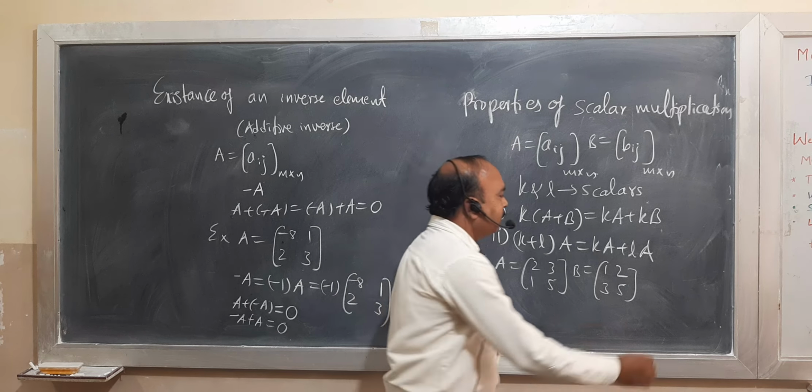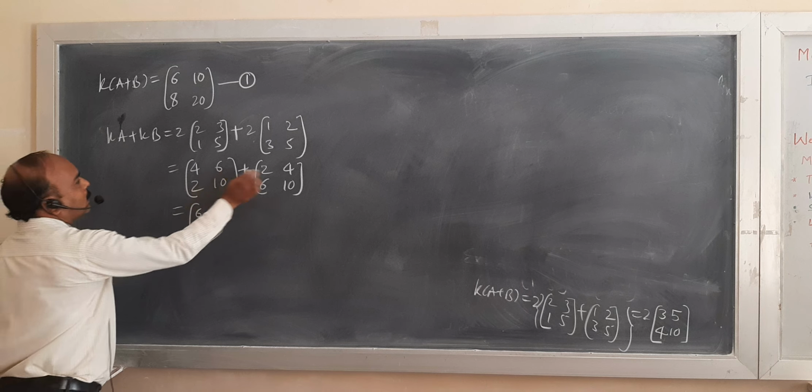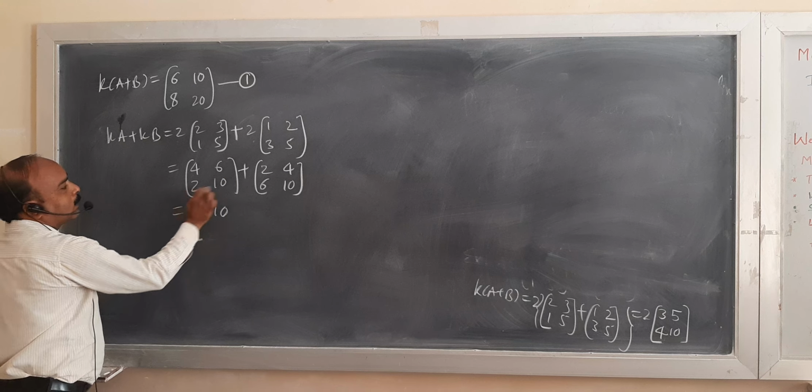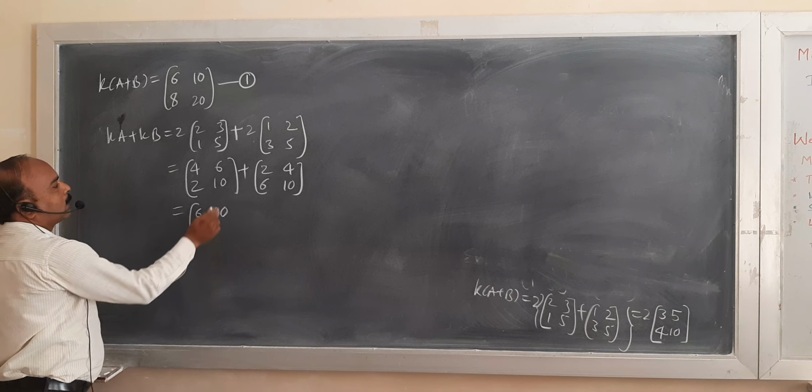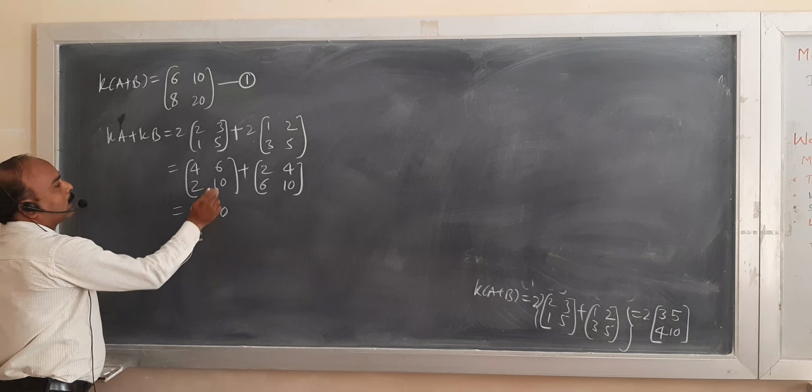Multiplication of these two with this whole matrix, again scalar multiplication. 2 2s are 4, 2 3s are 6, 2 1s are 2, 2 5s are 10, plus 2 1s are 2, 2 2s are 4, 2 3s are 6, 2 5s are 10. Again addition of these two matrices. 4 added with 2 is 6, 6 with 4 is 10, 2 with 6 is 8, 10 with 10 is 20. Now call this equation 2.